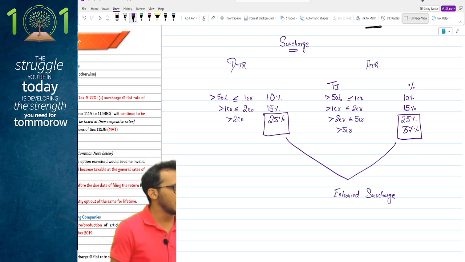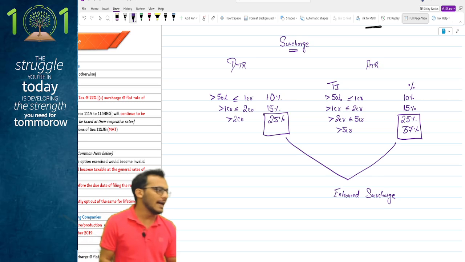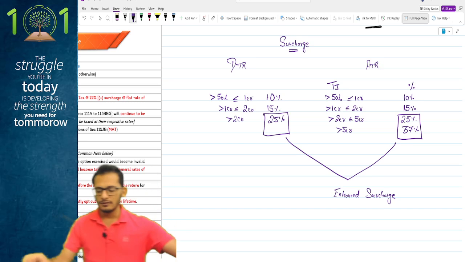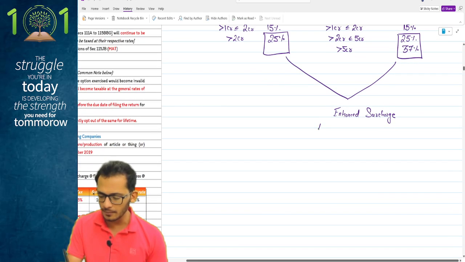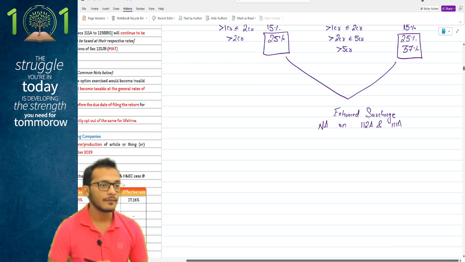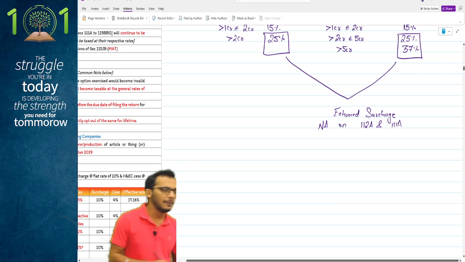Capital gains from share market, which is 112A and 111A. So they said, enhanced surcharge will not be applicable on 112A and 111A. This is what happened in 2019.